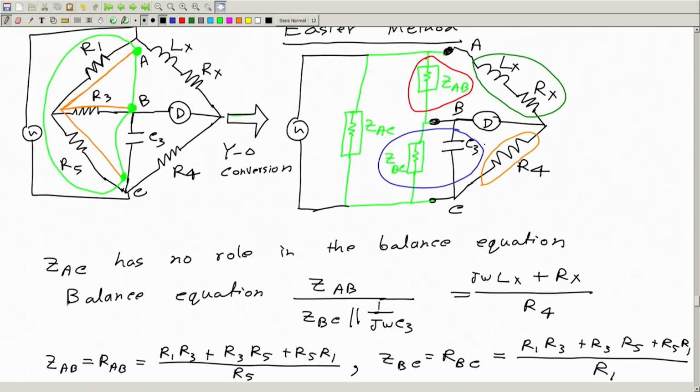balance equation. But instead of doing it blindly, let us do it cleverly, because observe that this is now actually a product bridge.